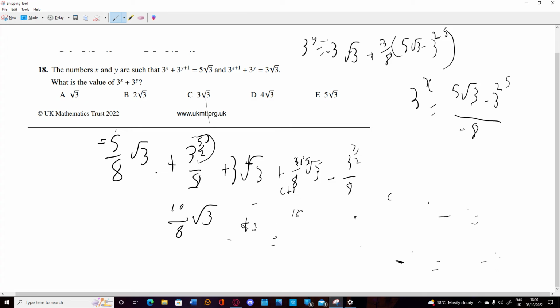Let's just solve the top bit of the fraction. 3 root 3 add 3 to the 5 times by root 3. What's 3 to the 5? 3 to the 4 is 81, times by 3, that's 243. Then root 3 minus 3 to 7. Okay, what's actually going to be easier here is just to factor it out. 3 to the 5 times by root 3 minus 9 root 3.